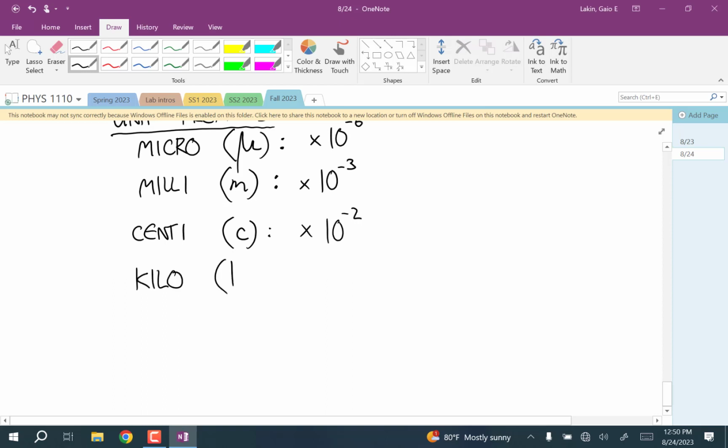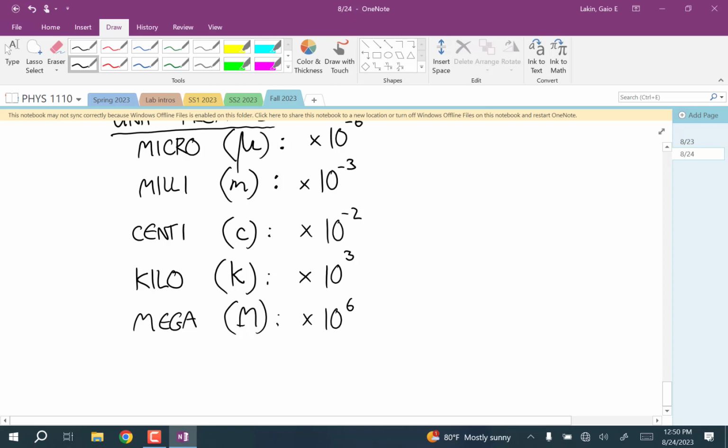That's a lowercase k. That means times 10 to the positive third. And then the last one is mega. For that one, you use a capital M. All the other ones are lowercase. And that means times 10 to the positive 6.